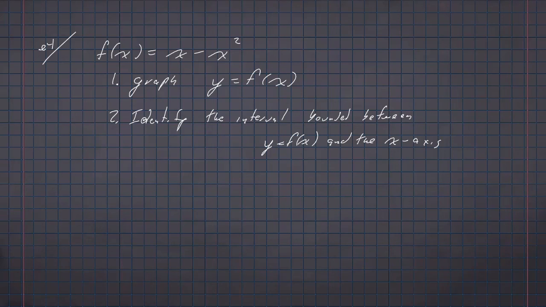And when you are looking at the graph, you should be able to identify some region where the graph is bounded above by y equals f of x and bounded below by the x-axis. Determine the interval on which that happens.